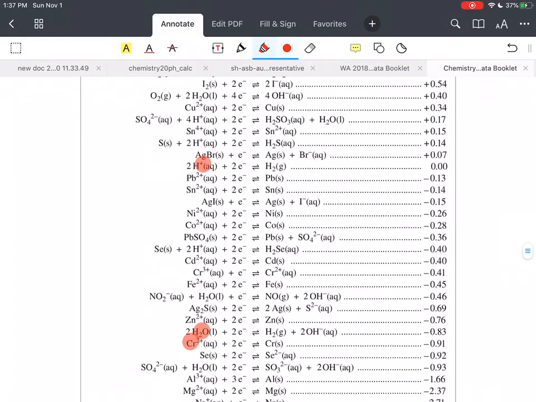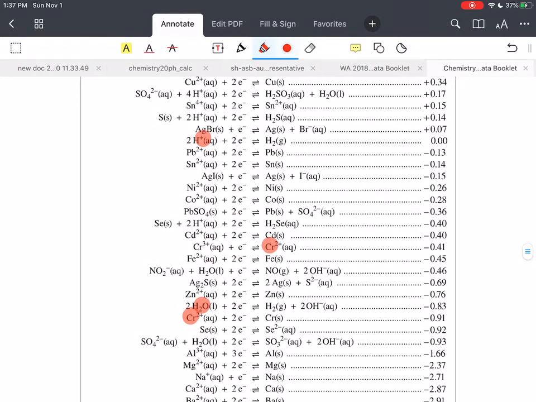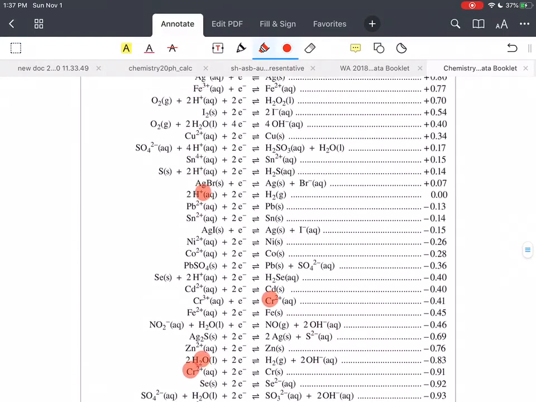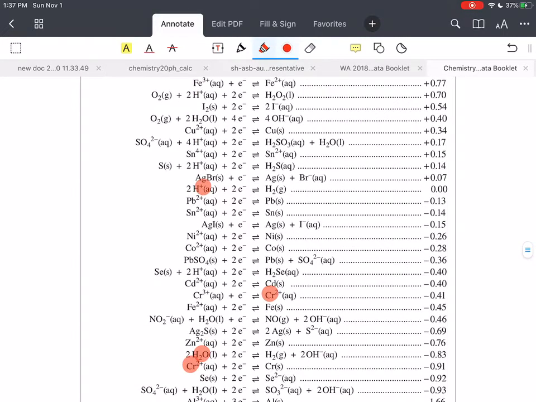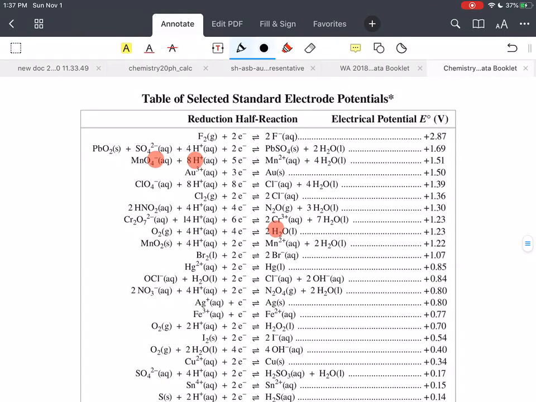And please remember that chromium is one of the ones that can be both an oxidizing and a reducing agent. So for this one, if you take a look at it, it's the first substance as we go up from the bottom. It's going to be my strongest reducing agent. And then my strongest oxidizing agent is the permanganate.